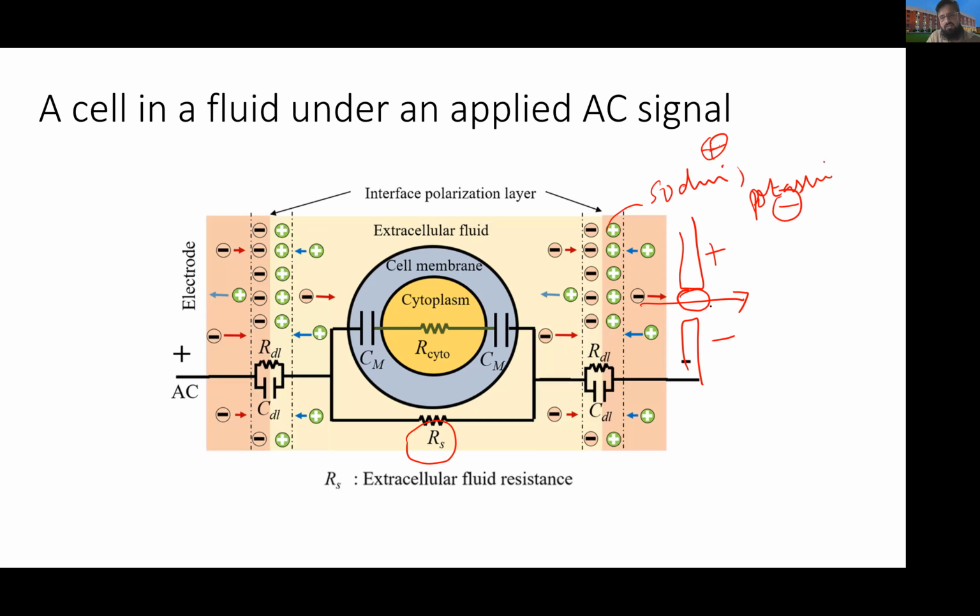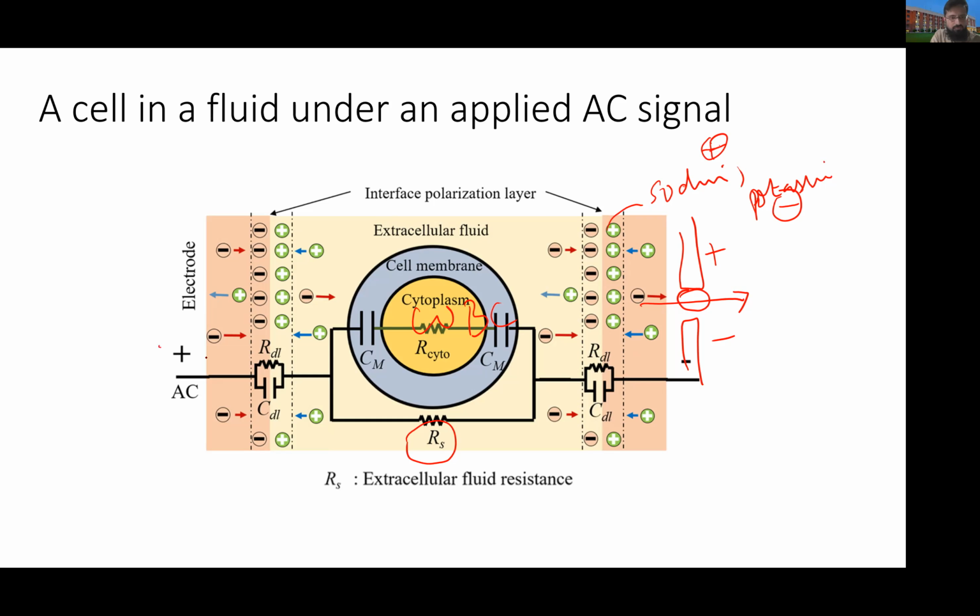All these ions are inside the blood sample, and let's say your white blood cell is also present. So the complete picture looks something like this: you have a cell in between, and all those ions, positive and negative, will be moving towards the respective polarity of the electrode.